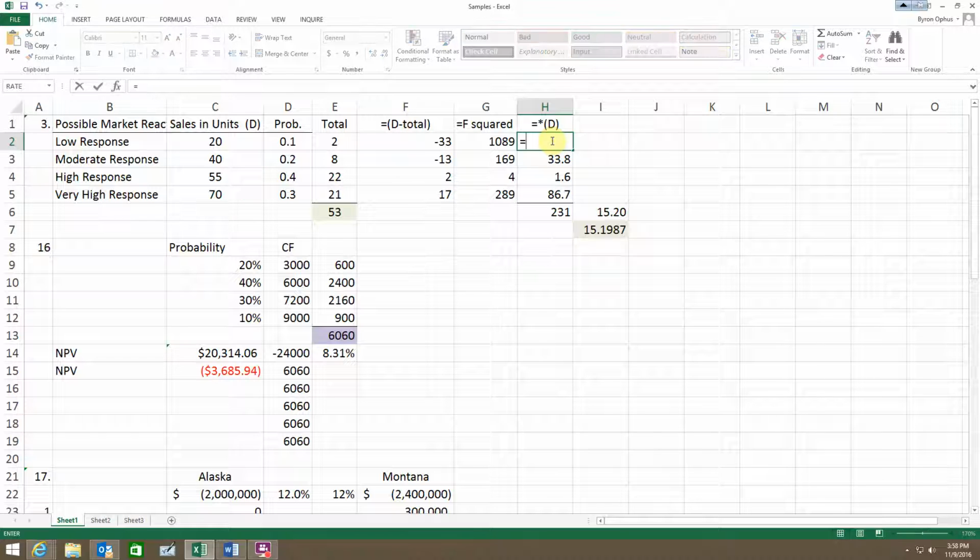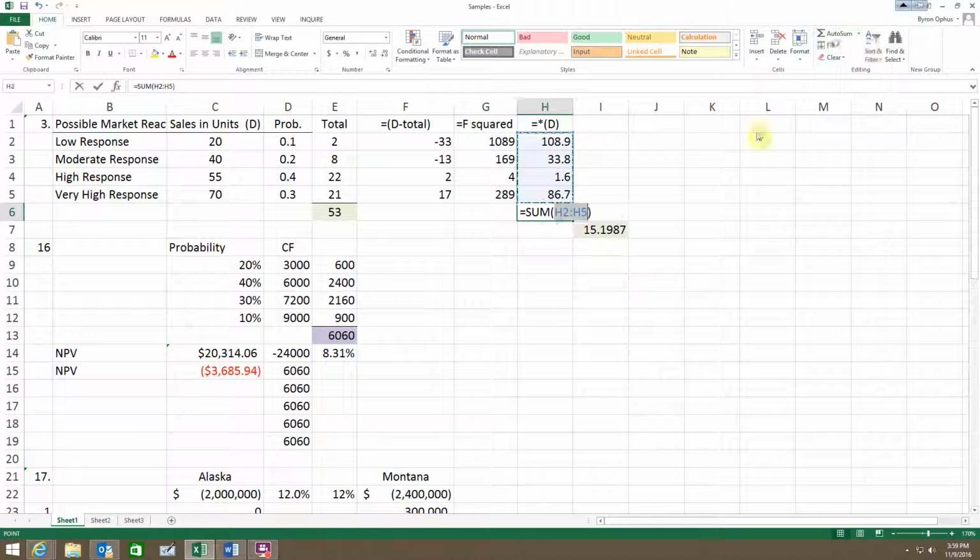So it's equal to my squared times my probability over here. And there we go, and I can actually just drag this one down too. Okay, sweet. And then all I have to do is sum this, and that gives me what's called my, oh, you guys forget, it's called my variance.